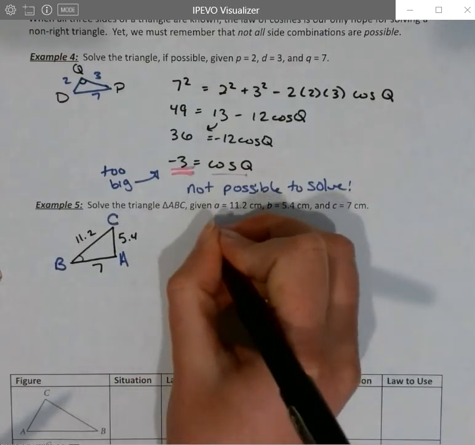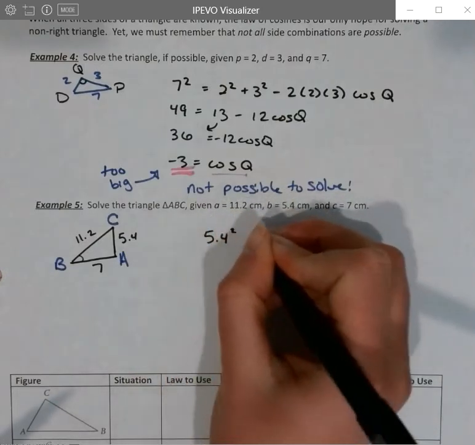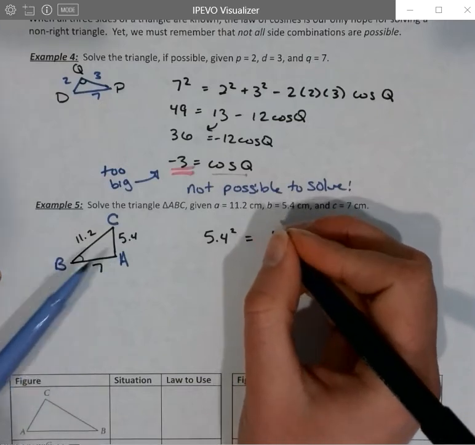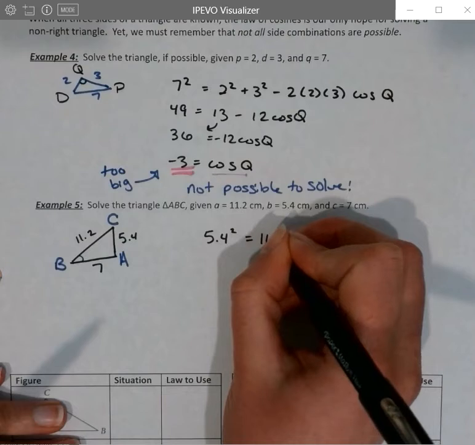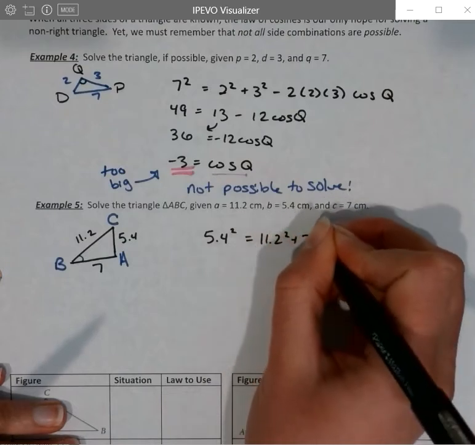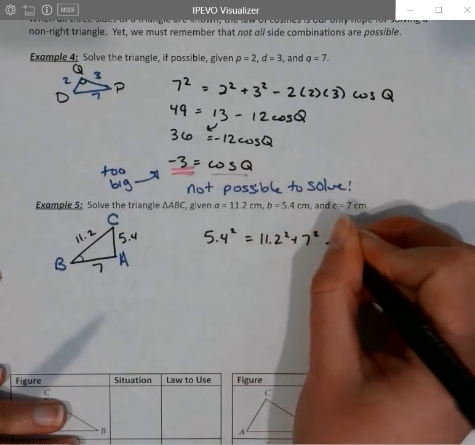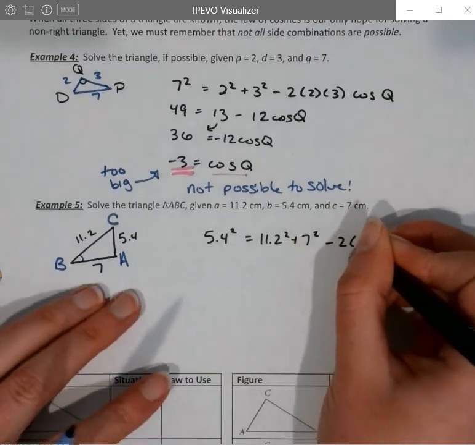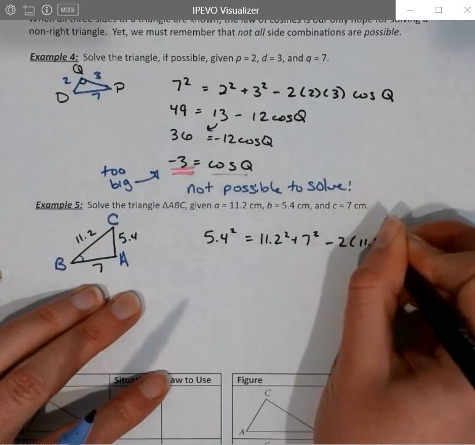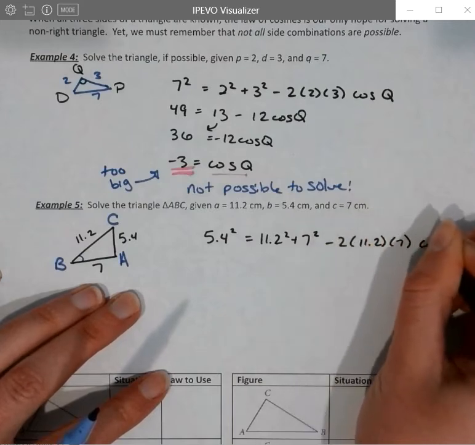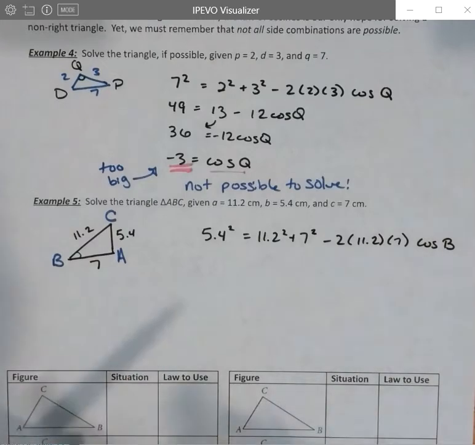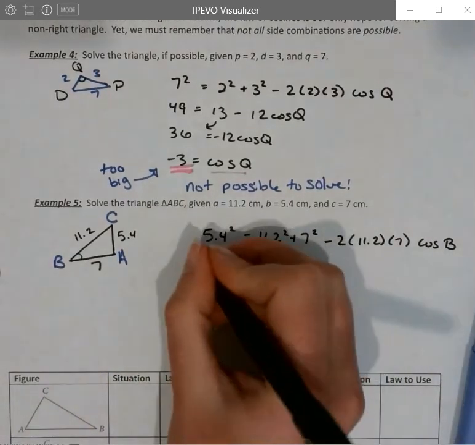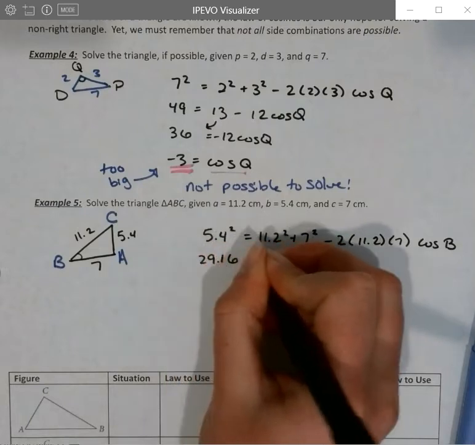Okay, that's going to put our 5.4 squared equal to, opposite of B, our 11.2 squared plus 7 squared minus 2 times AC, so 2 times 11.2 times 7 times the cosine of B. Okay, so first of all, 5.4 squared is 29.16.